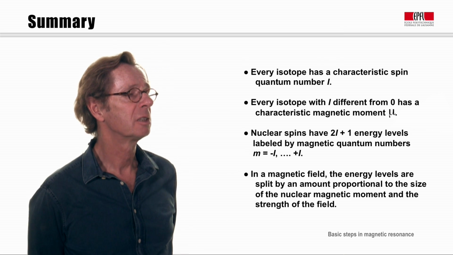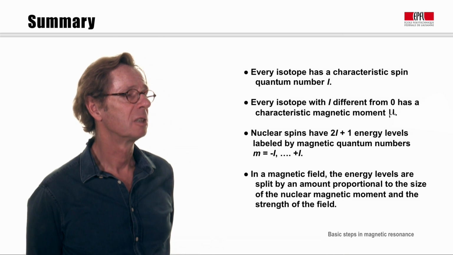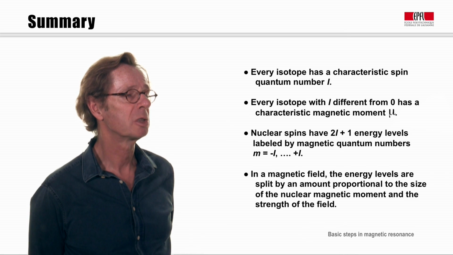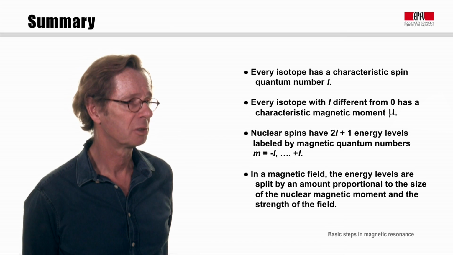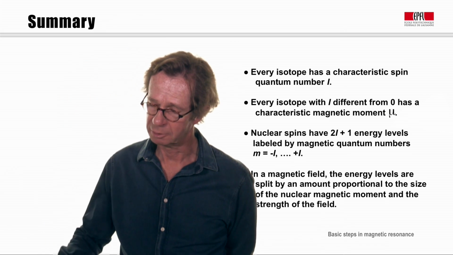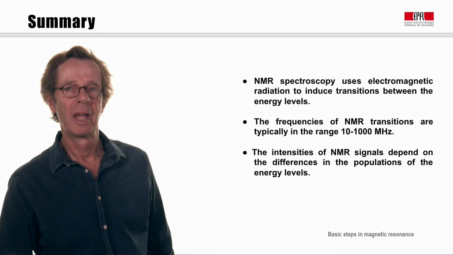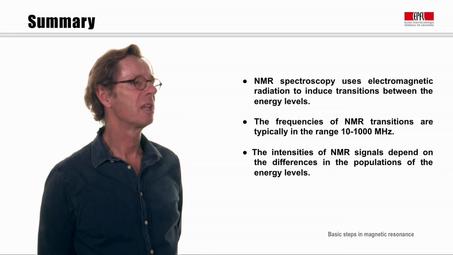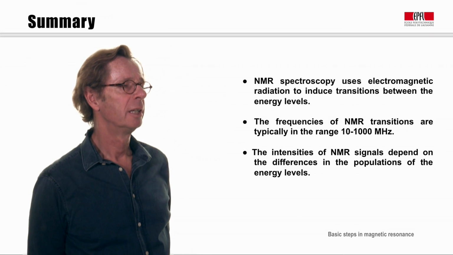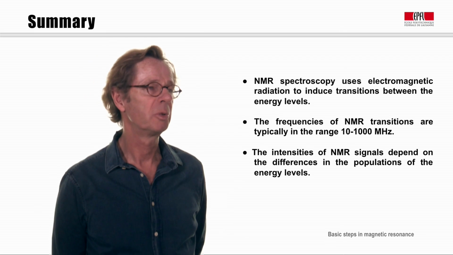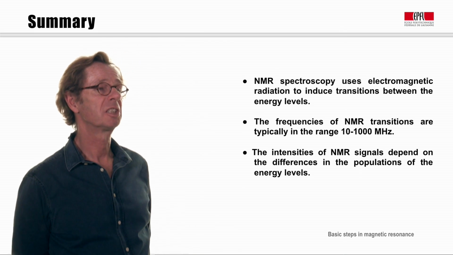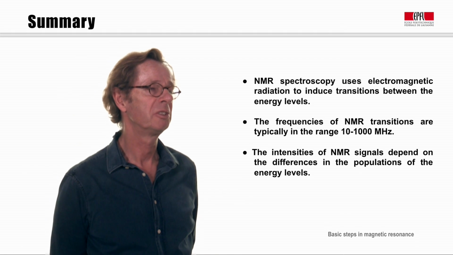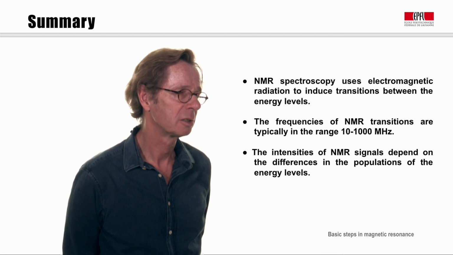In a magnetic field, the energy levels are split by an amount that is proportional to the size of the nuclear magnetic moment and to the strength of the magnetic field. So NMR spectroscopy uses electromagnetic radiation to induce transitions between energy levels. The frequencies of NMR transitions are typically in the range between 10 and 1000 megahertz.